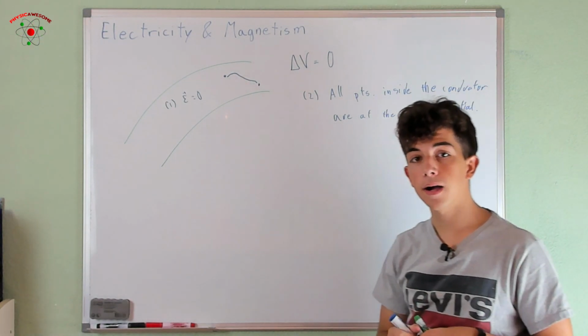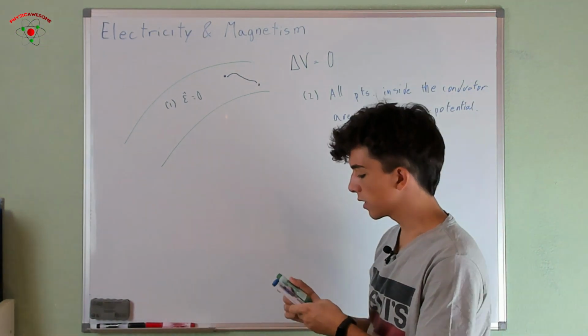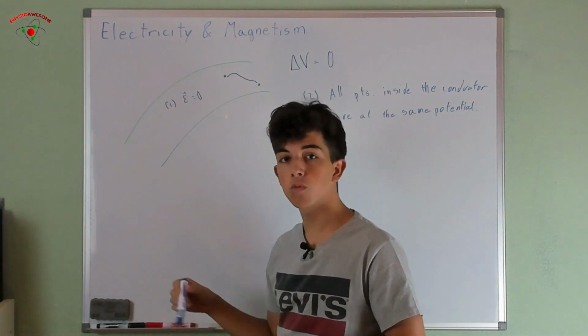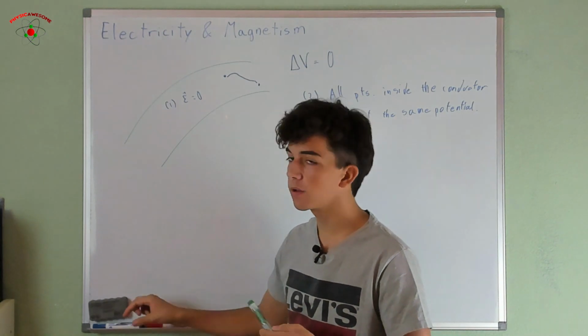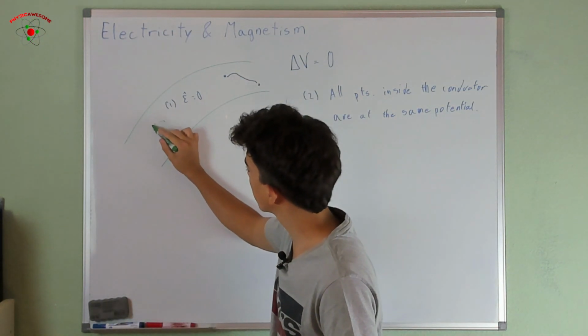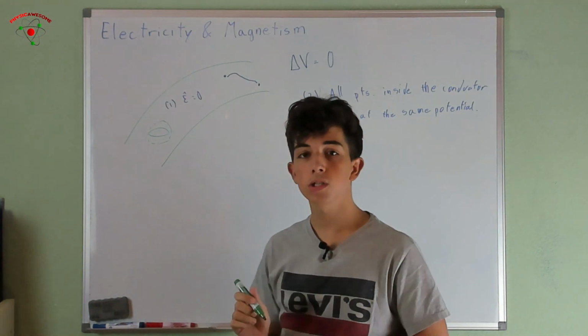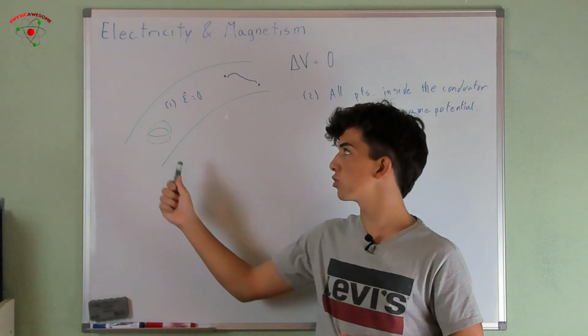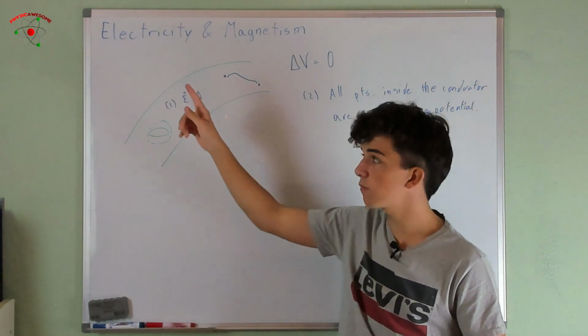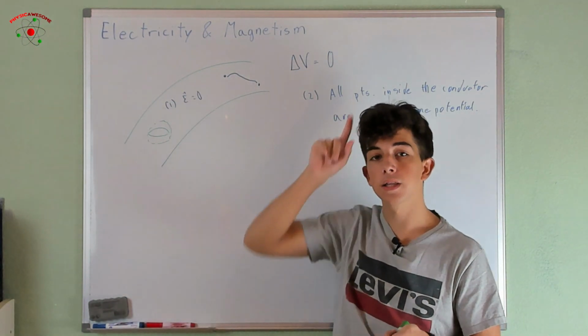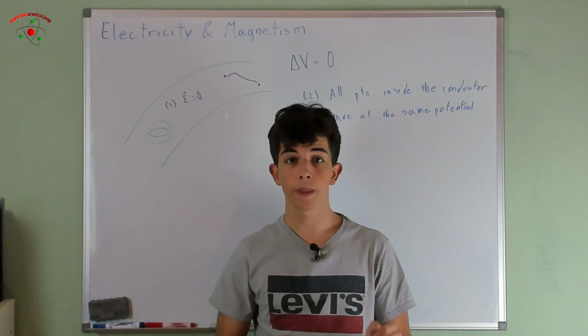The last fact that you may find is that, for example, imagine drawing a Gaussian surface inside of this conductor right around here. There is no electric field that goes in or goes out because, as we said from our first consequence, the electric field is 0.